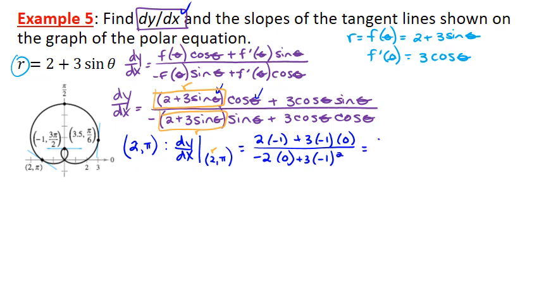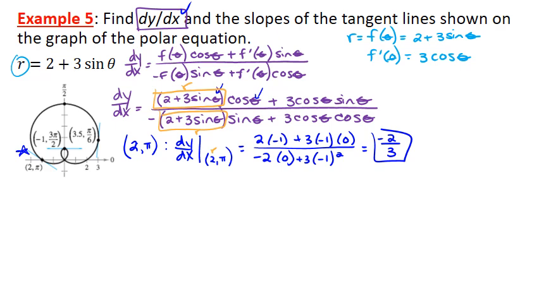Simplifying this, I end up getting negative 2 over 3. So the slope of this tangent line here is negative 2/3. That should make sense. That line is going in the negative direction, and we found our slope to be negative. Awesome. Let's find the next one.